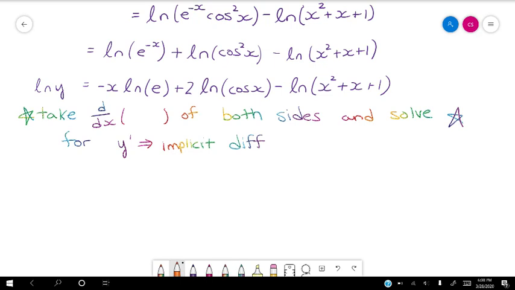I'll use orange. And then after, you distribute and everything, it's like taking the derivative of each term. Remember, natural log of e is 1, so it's just going to be negative x. I'll move the constants out front because we're allowed to do that.